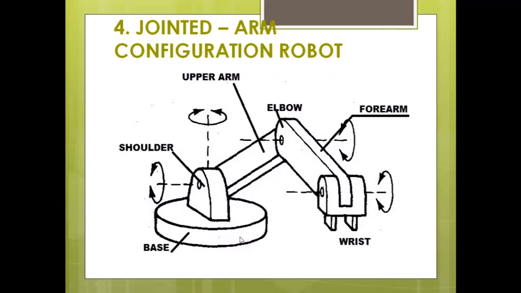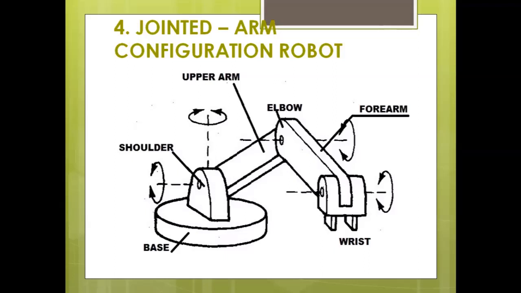It has a base, the base is connected to the shoulder, and the shoulder in turn is connected to the upper arm by using one joint. The upper arm is connected to the forearm by using another joint.